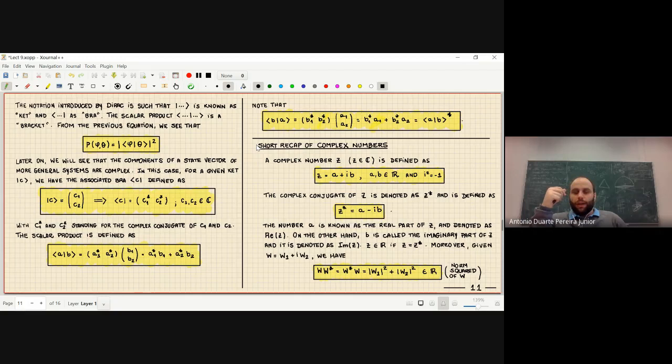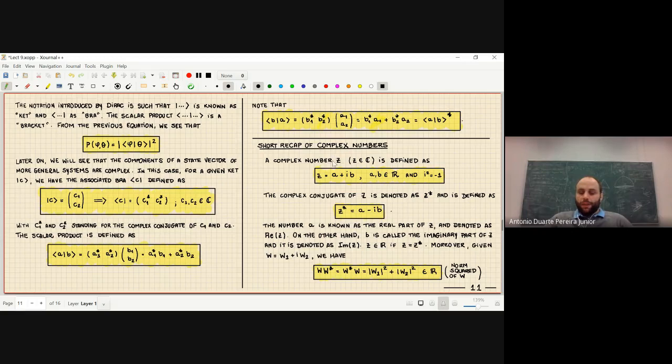If you are, then this will be useful for us to just fix the notation and make sure that we use the same language for the properties of complex numbers. If you are not, I don't think this recap will make you an expert on complex numbers. At least you're going to see the main properties that we are going to need. So let me make this brief recap about complex numbers.